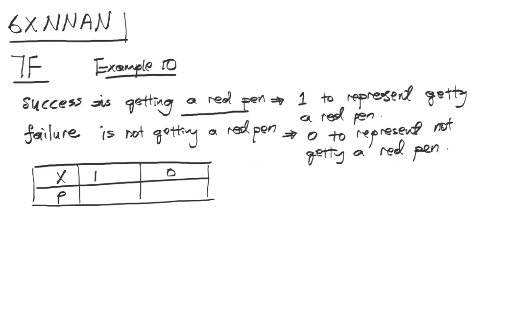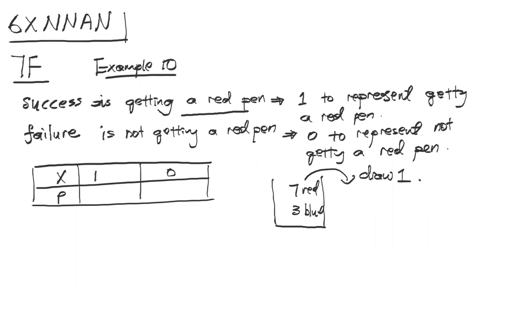Getting a 1 here, I mean, getting a red pen. Why do you say half? Where do you draw the red pen from? From a box that contains 7 red pens and 3 blue pens. You draw 1 from here.